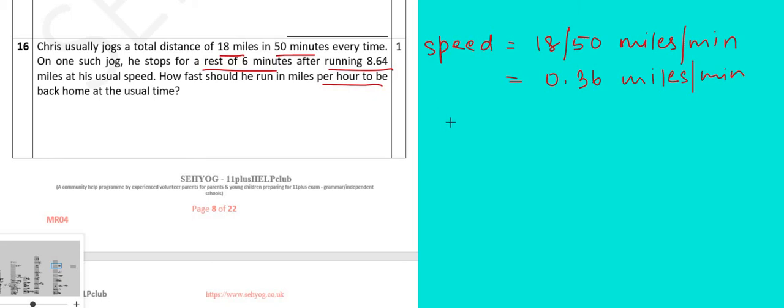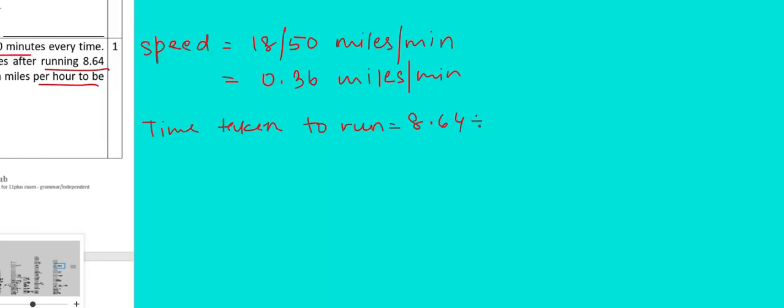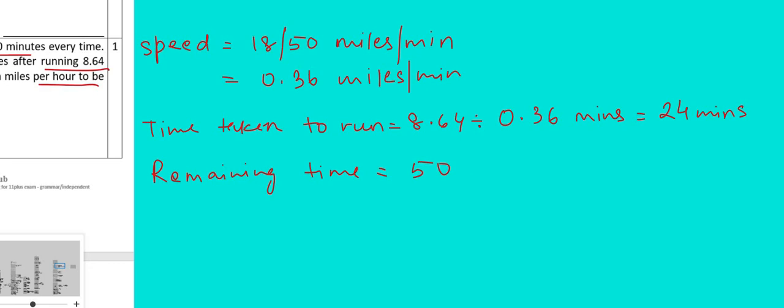The time taken to run is equal to 8.64 divided by 0.36 minutes, which is equal to 24 minutes. So now the remaining time is equal to 50 minus 24 minus 6, which gives us 20 minutes.